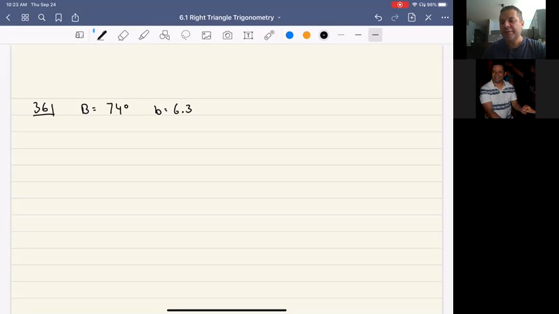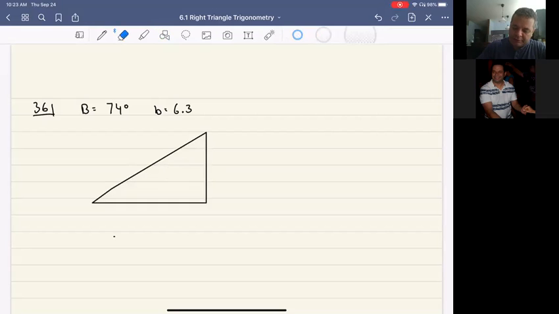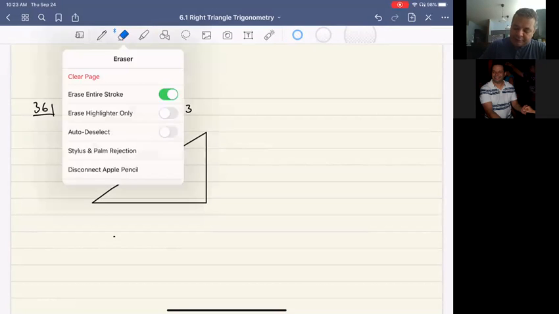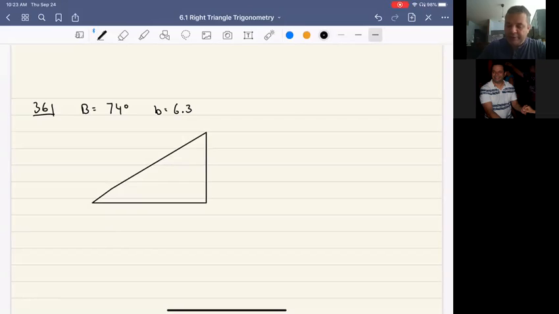So what they're telling us is that we have a triangle. Let's draw it. The angle B corresponds to the side B in the sense that they're across from each other.